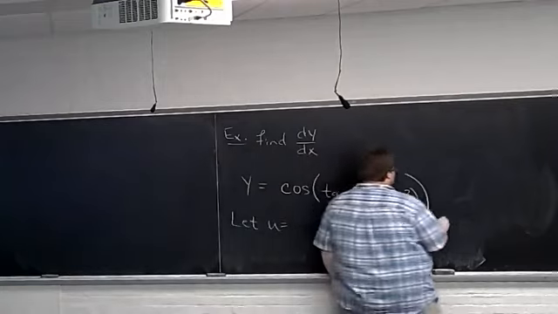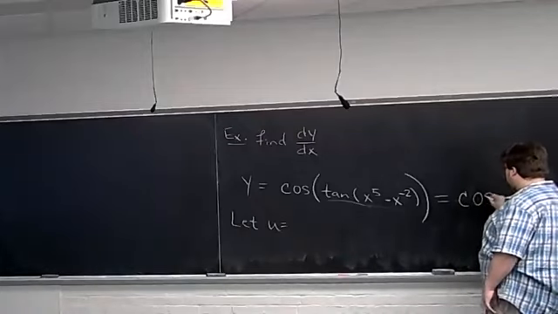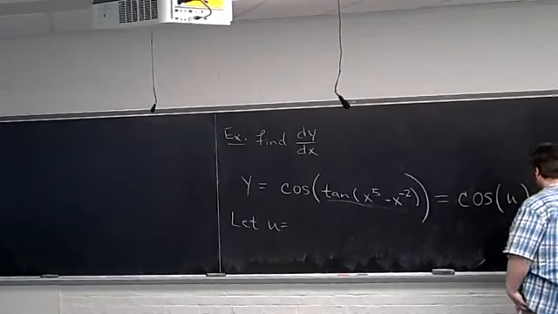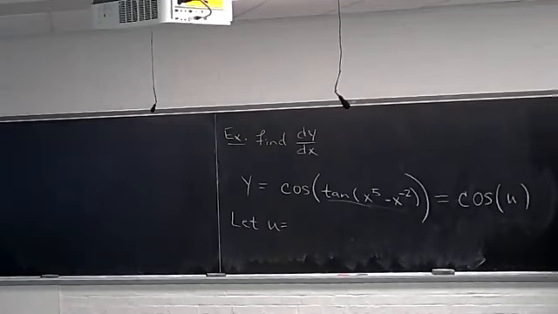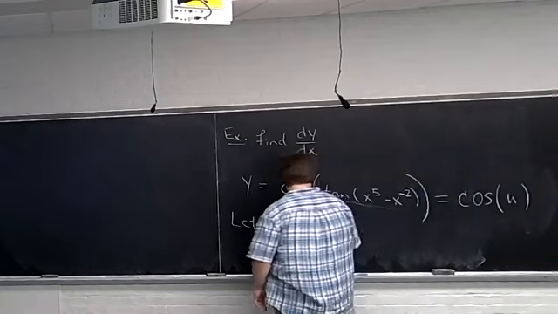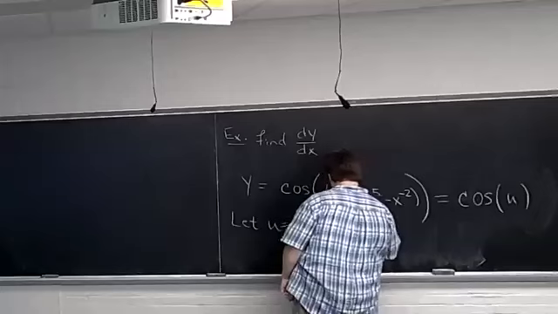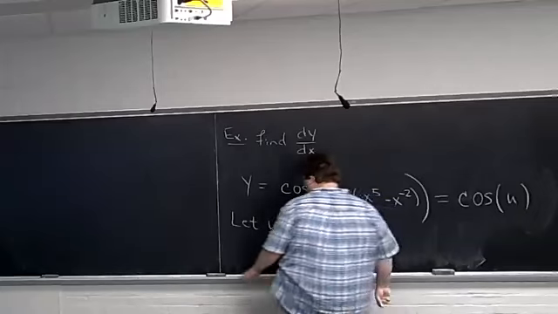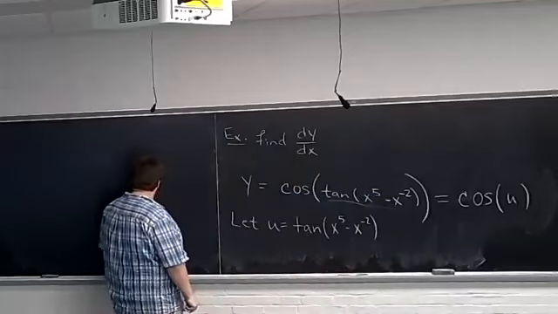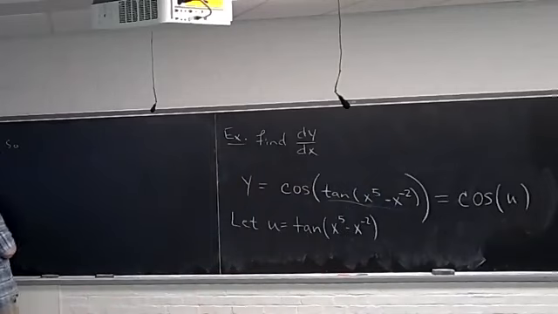So let's write y as the cosine of u, because that's the standard letter for u substitutions. And how did we arrive at that? Well, we let u be the tangent of x to the fifth minus x to the negative 2. Any questions about that substitution?